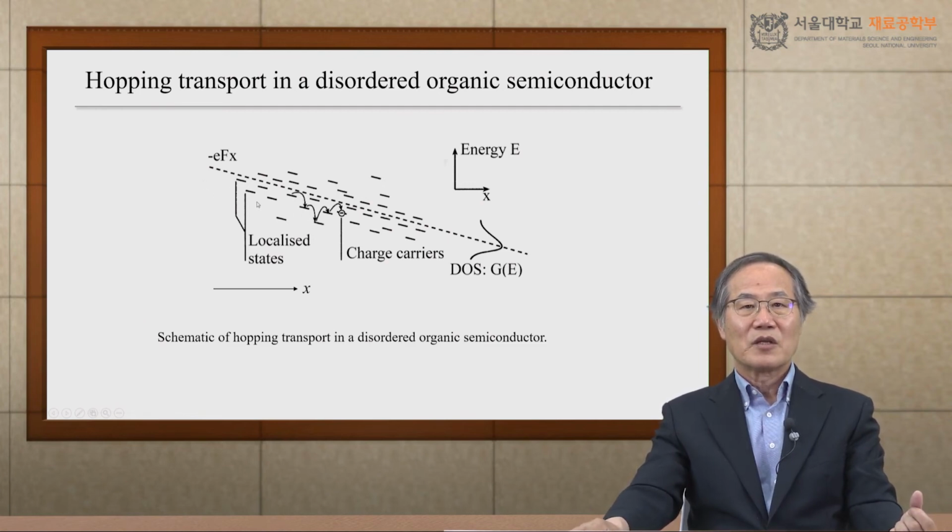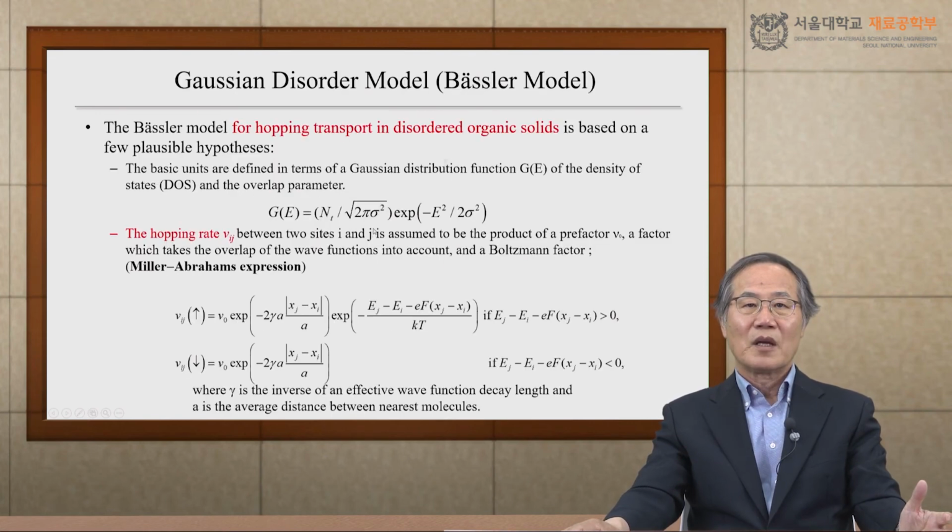So the states, shown by this dashed line here, and this short bar represent molecules. The charge hops from one molecule to another molecule, and to hop from this molecule to this one, there must be some kind of energy barrier to overcome, and so on. So this is what we call hopping transport.